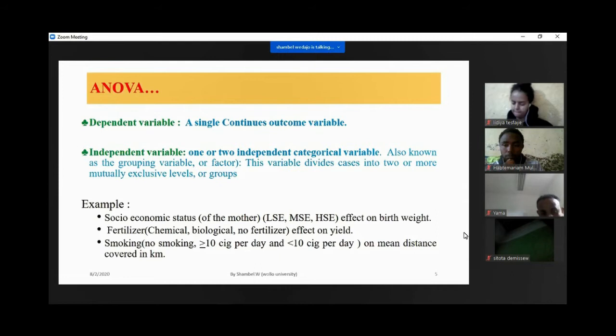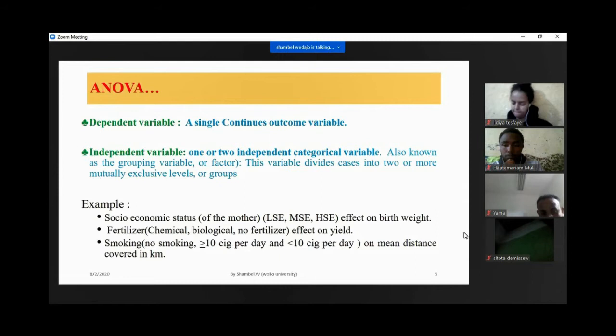We can divide the birth weight into 3 categories: birth weight from mothers with low socioeconomic status, from medium socioeconomic status, and from high socioeconomic status. So you have 3 groups: low, medium, high socioeconomy. The 3 groups have their own individuals within them.